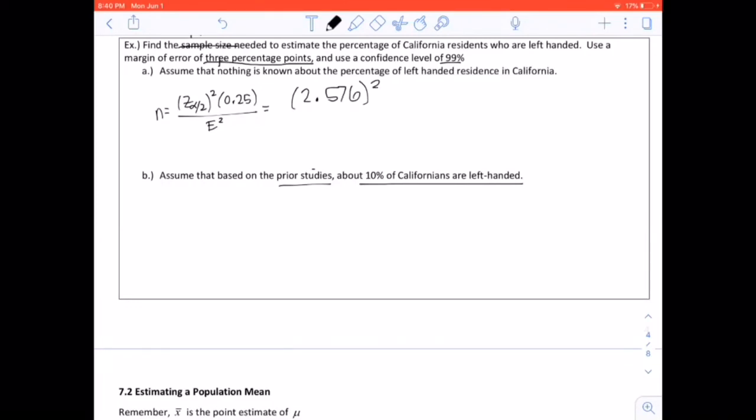So I'm going to go ahead and copy that down for our problem. It's squared times 0.25 divided by E. And E is our margin of error. So careful here because it says 3 percentage points. So that means E would be equal to 3 percentage points, which would be equal to 0.03. And so we're going to square that.